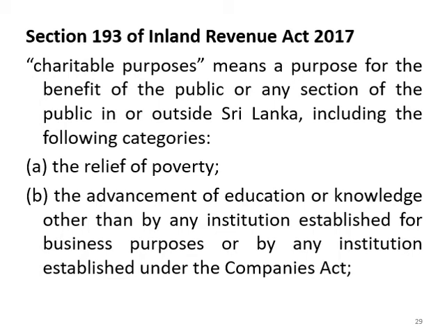Some other matters also may be included. But in the Inland Revenue Act 2017, charitable purposes means, so the definition is closed. This is a charitable trust, not any other things. But in terms of the Trusts Ordinance, a charitable trust may include some more things. Keep that in your mind.